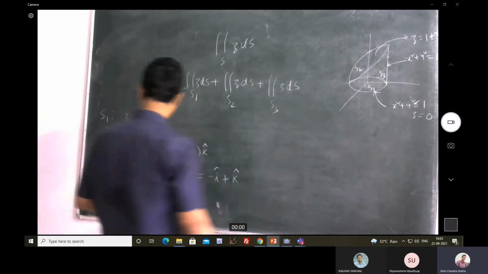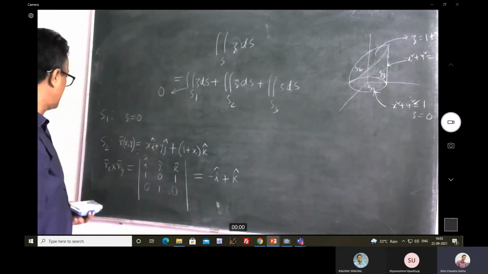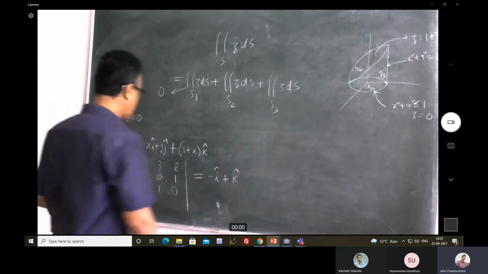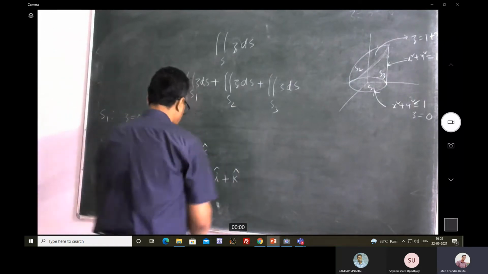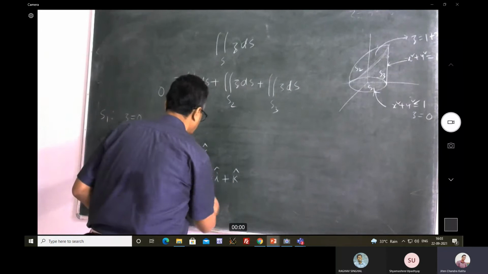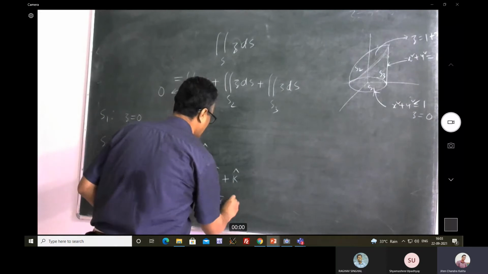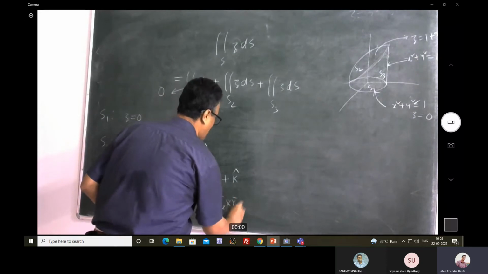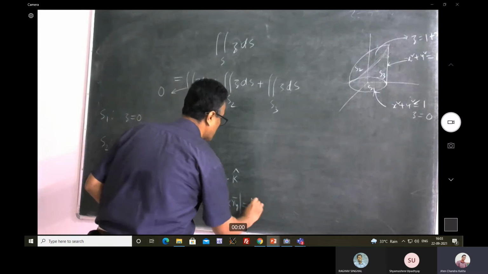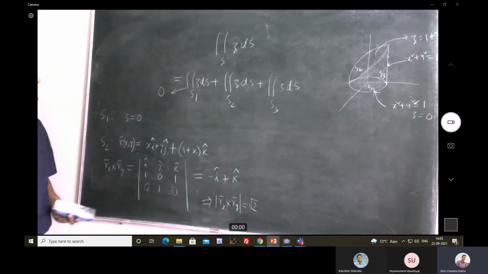Plus k. Minus i plus k. So this is going to imply the magnitude of r_x cross r_y is simply square root of 2.